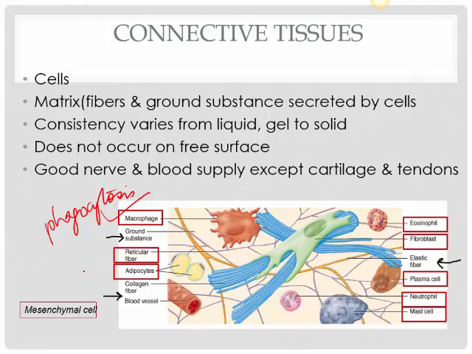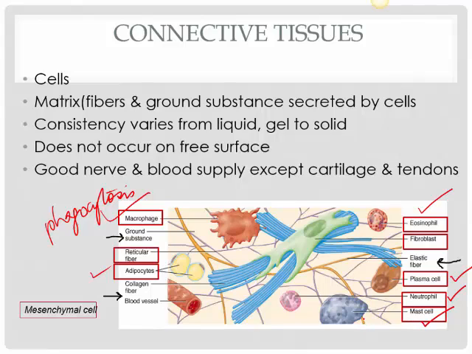You may see fat cells in connective tissue. They are called adipocytes, and together they form their own type of connective tissue called adipose tissue. You may see some blood cells like eosinophils, plasma cells, neutrophils. You may see these mast cells.